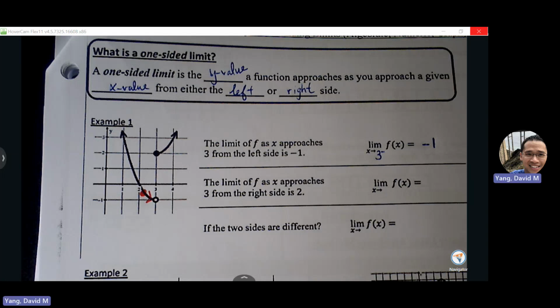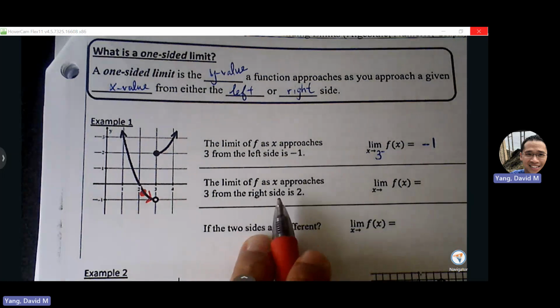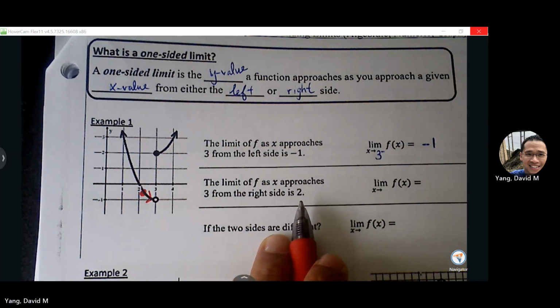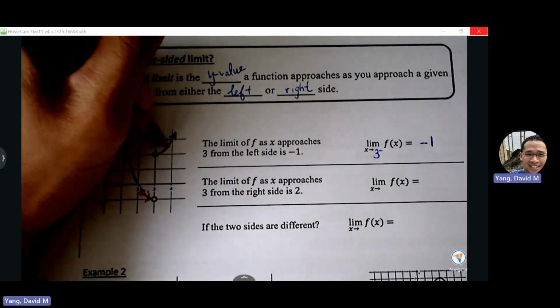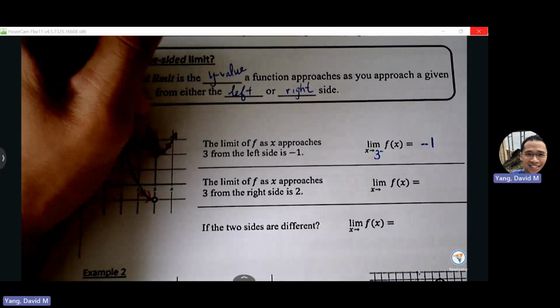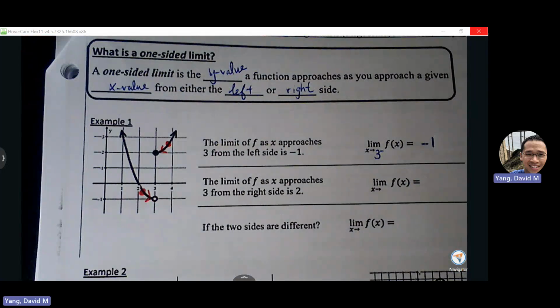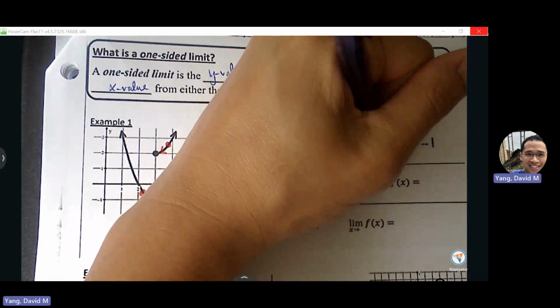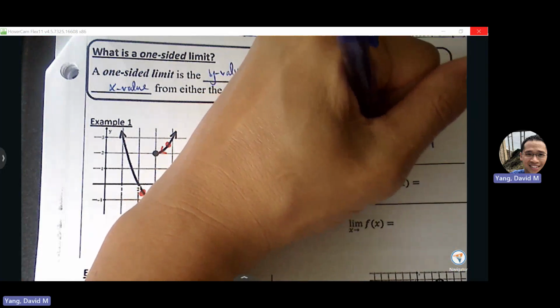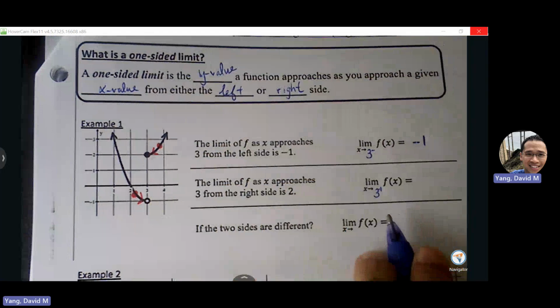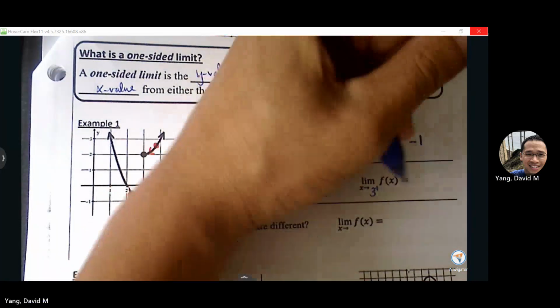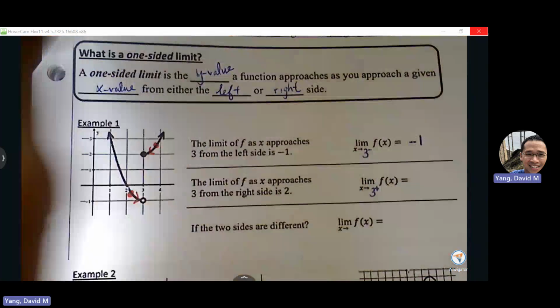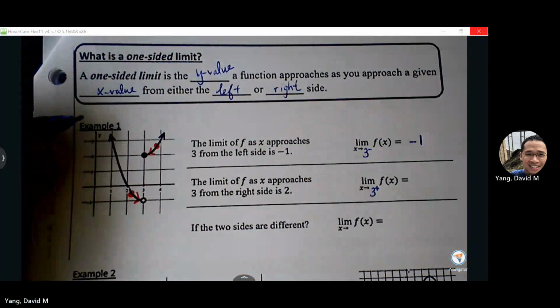However, consider the limit as x approaches 3 from the right side of 3. I'm going to pick a point on the other side of 3 and make it head towards my target. The notation here is 3 with a plus sign because I'm starting to the right of 3 and headed towards 3. And that is headed towards a y value of what? 2.